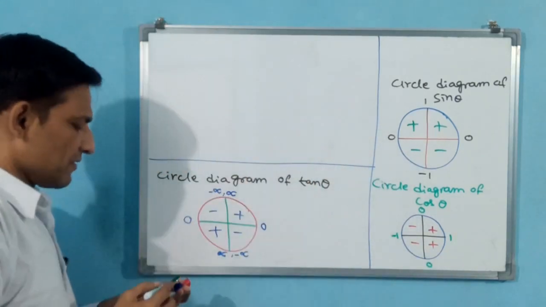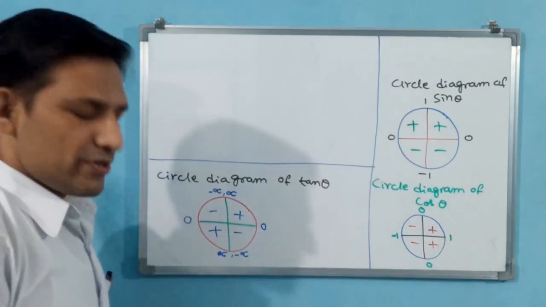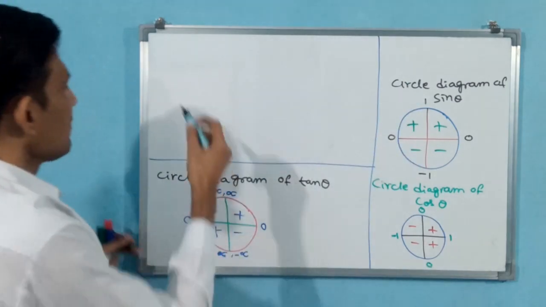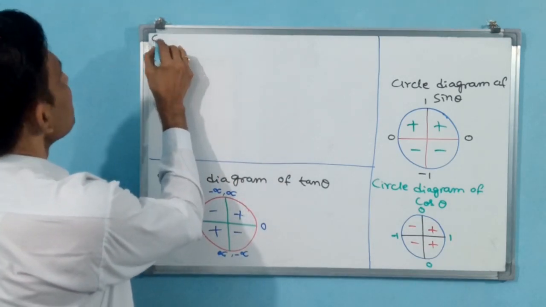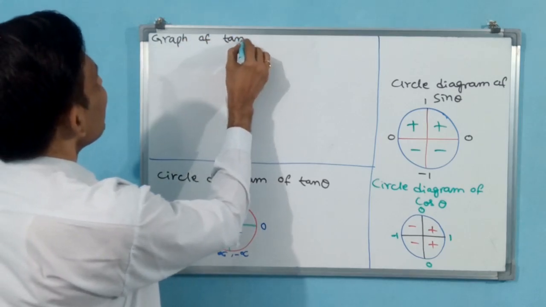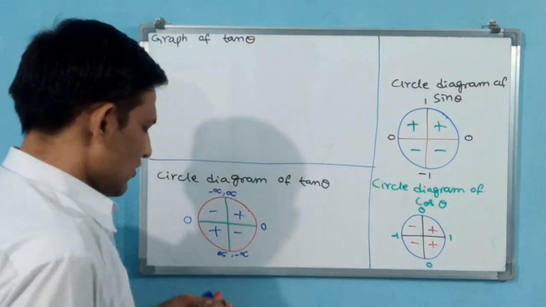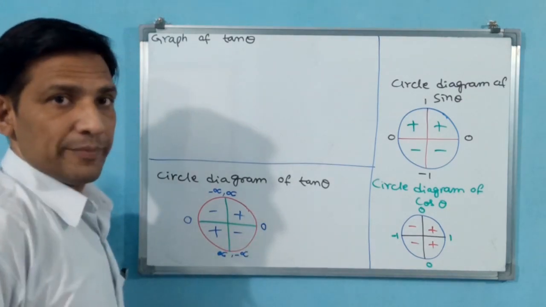If possible I will draw, otherwise I am going to rub the remaining thing. Now I am writing here the graph of tan theta. How am I going to draw the graph? You observe carefully.